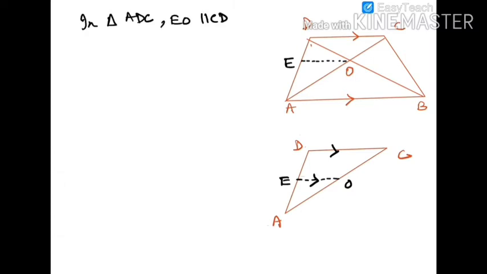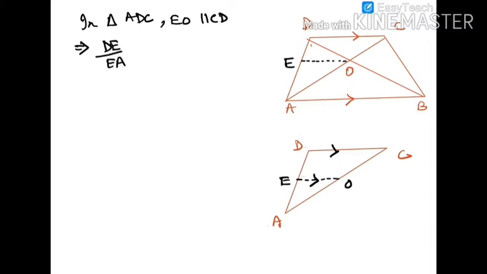So drawing this triangle separate that we are going to consider now. Triangle DAC, in which EO is parallel to CD. So we can use basic proportionality theorem. So this implies DE upon EA.